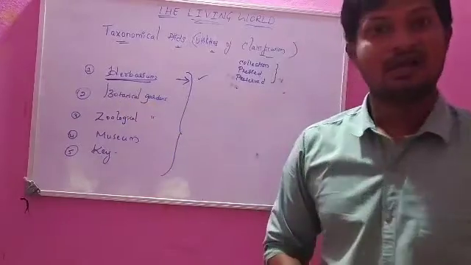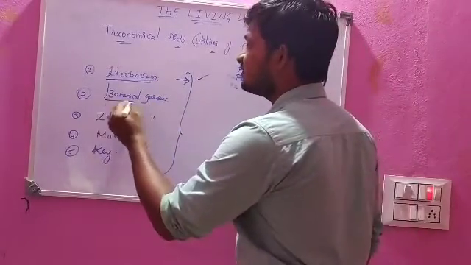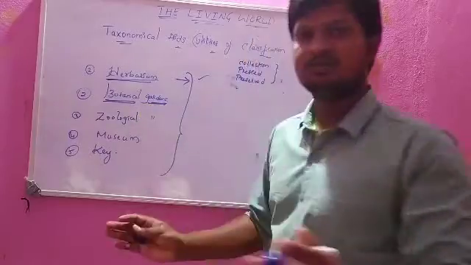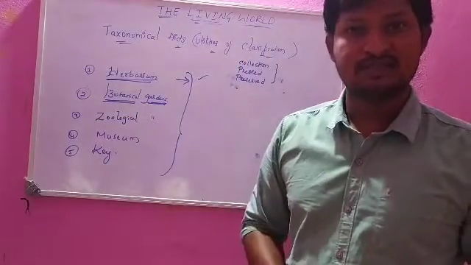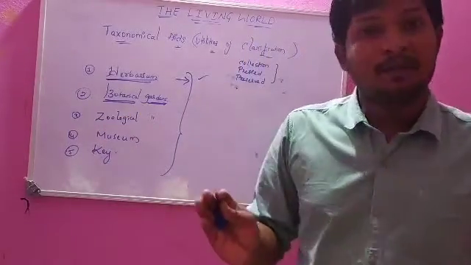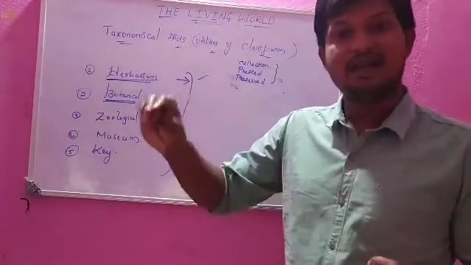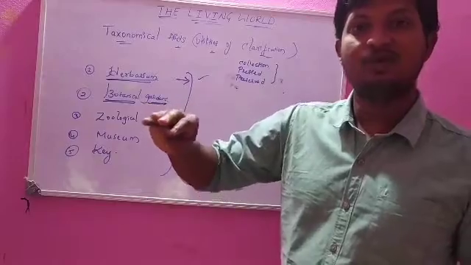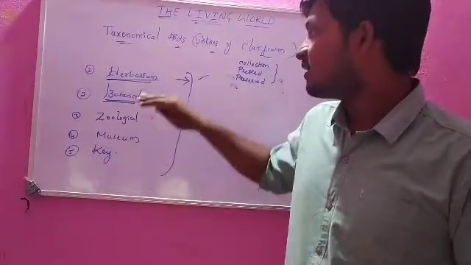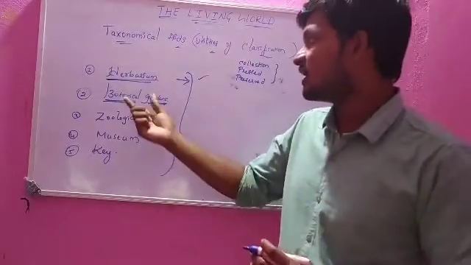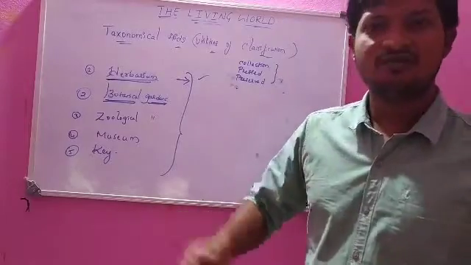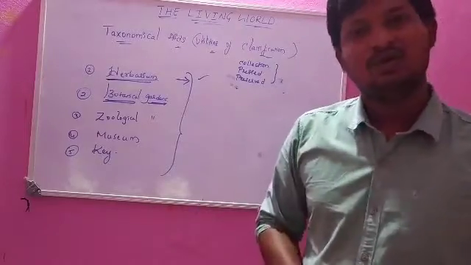Next is botanical gardens. Botanical gardens are vast or large places where a number of plants are identified and classified, and grown in one particular garden. All types of plants are grown.